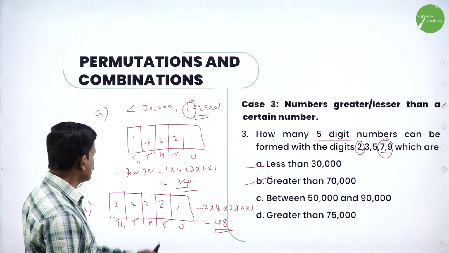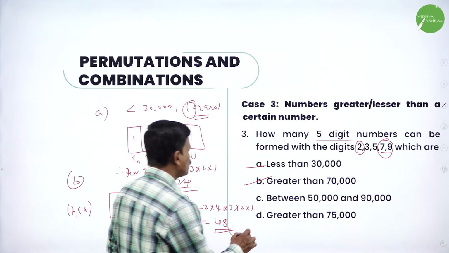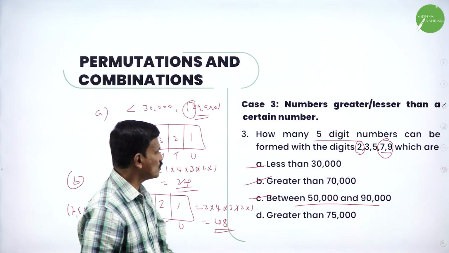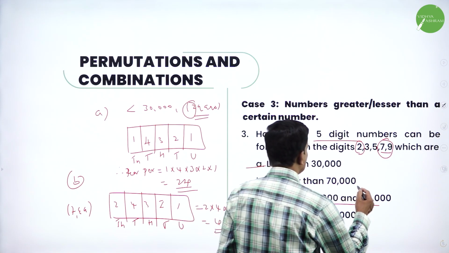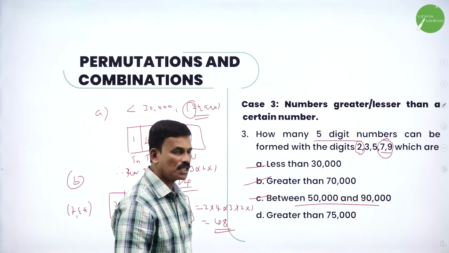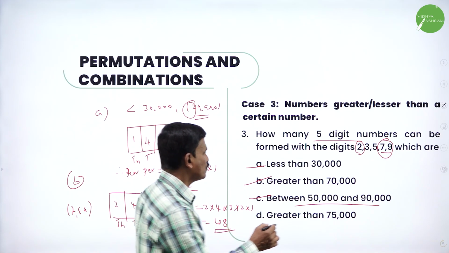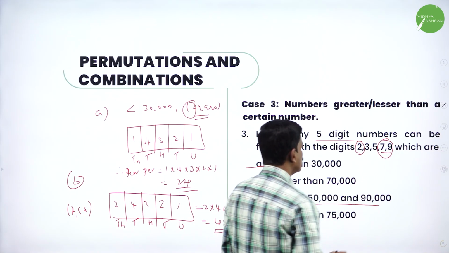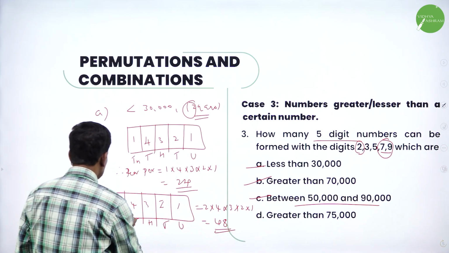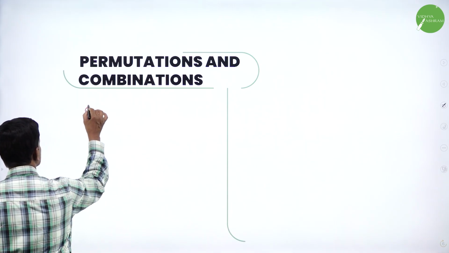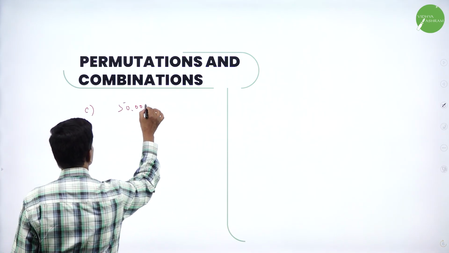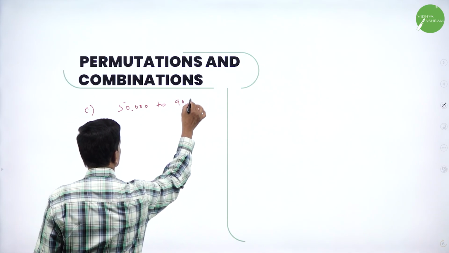Now move on to the third one. This is also the same as the second case. Between 50,000 and 90,000 means above 50,000 up to 90,000. So we can make use of 50,000 and above, 50,001. So therefore the 10,000 place can be filled by 2 digits. I'll write here C, between 50,000 to 90,000.